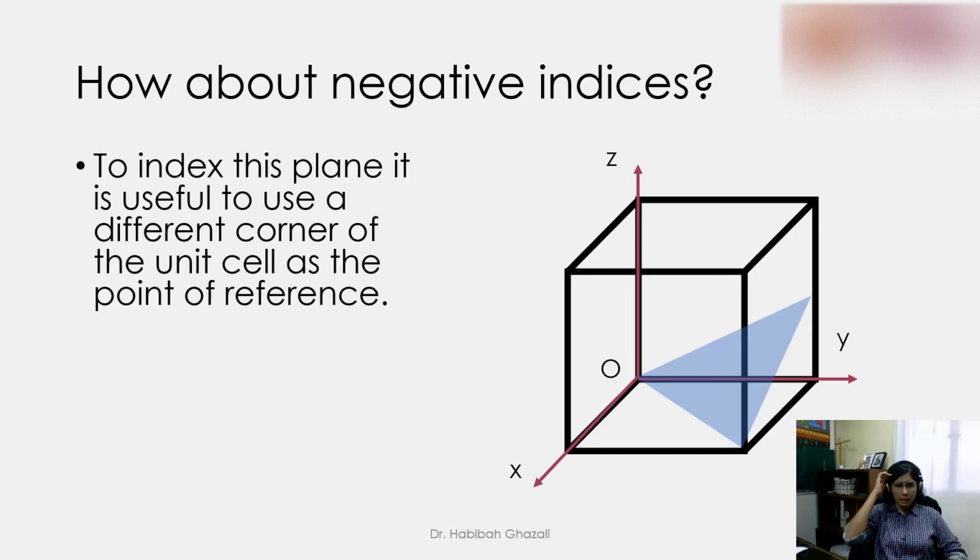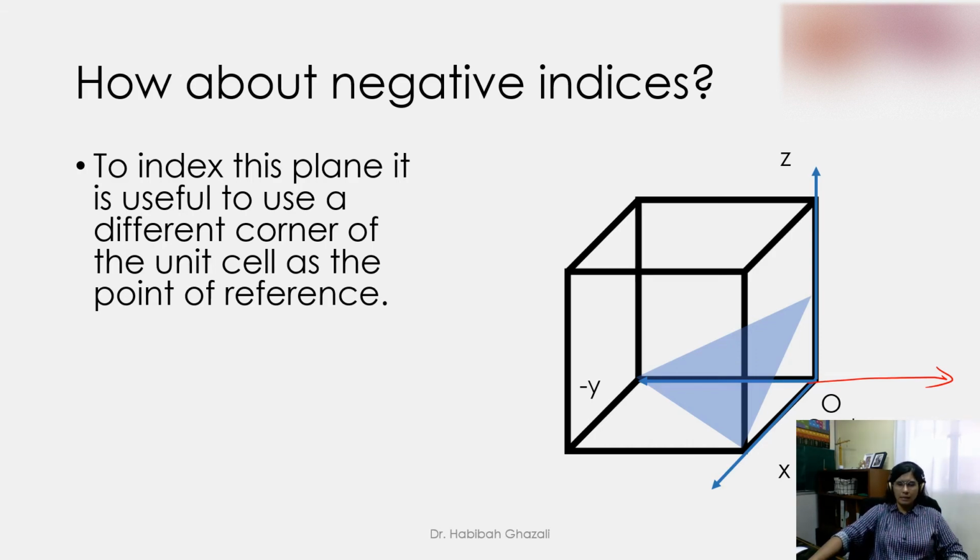So with this one, to index this plane, it will be useful to use a different corner of the unit cell as the point of reference. So now I'm going to move the origin to this new origin. My XYZ coordinate system is now looking like this. From here, I can find the intercept on each of the axes.